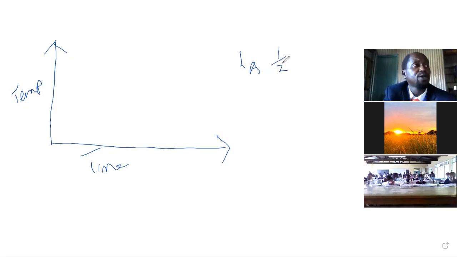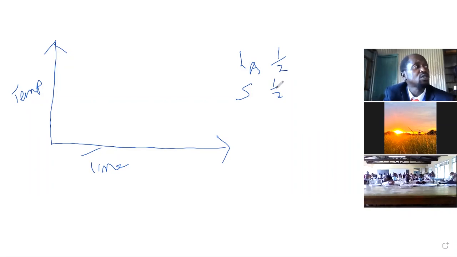The next marking point is on the scale. Half a mark. The scale is simply how you have used the graph space, in terms of the distance from the lowest plot to the highest plot. How much of the graph space has it used?